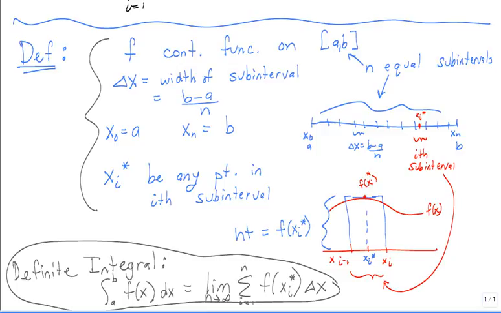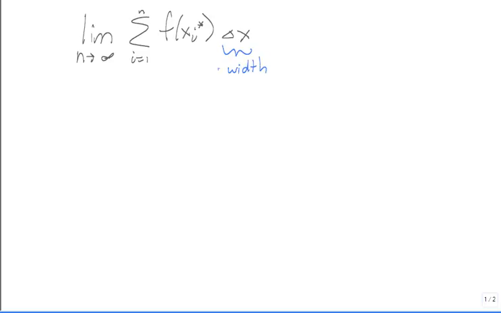Alright, let's go through each of those things. Now we have the limit. Let's see what each of these means. The delta x we said was the width of the subinterval. F at xi star is the height of that subinterval, so this gives you the area of the ith rectangle: height times width.